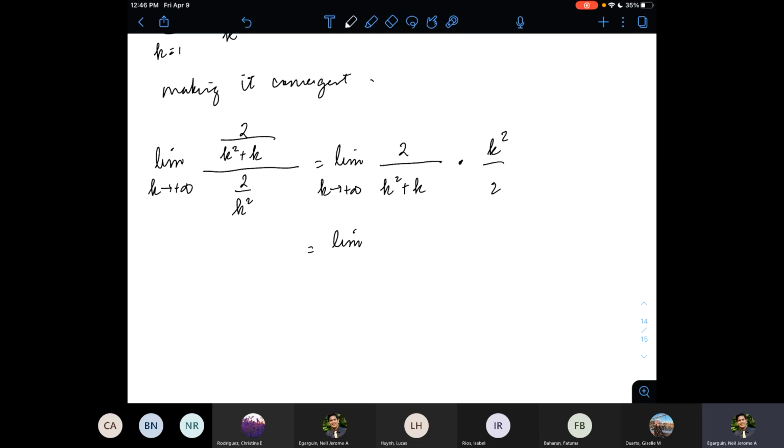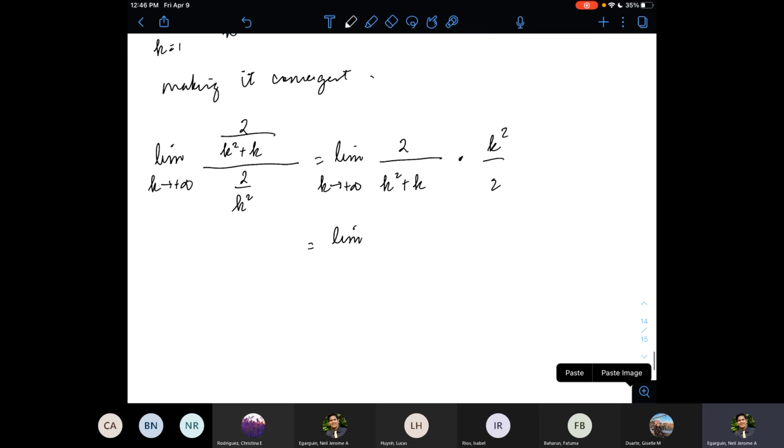We built up a testing series that is guaranteed to behave in the same manner as the given series. But that testing series was much simpler than the given series because it turned out to be a p-series.